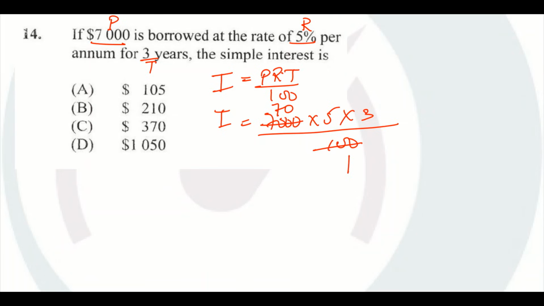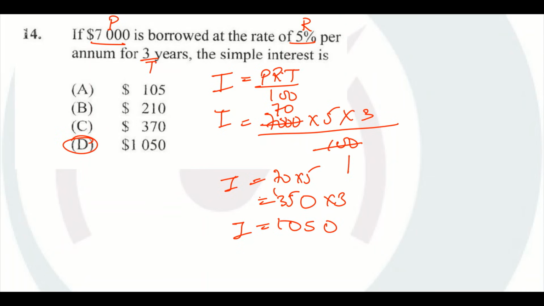Now 70 times 5 gives 350, and then 350 times 3 gives 1,050. So our answer is D.